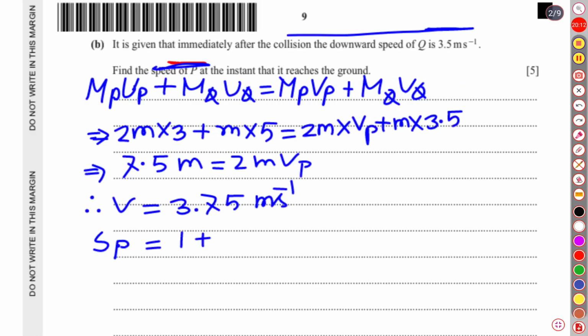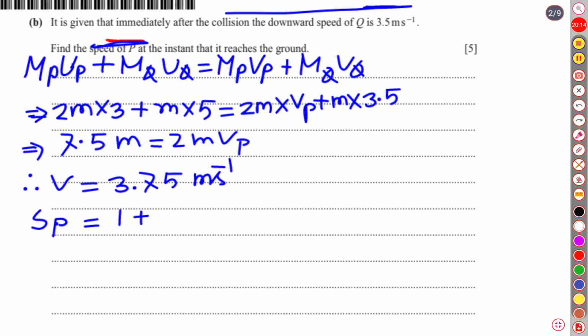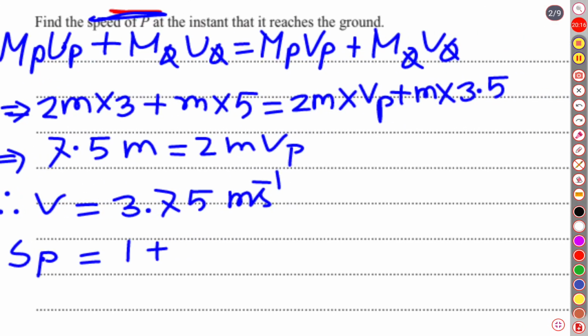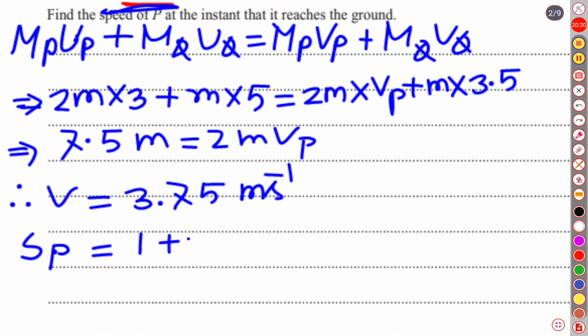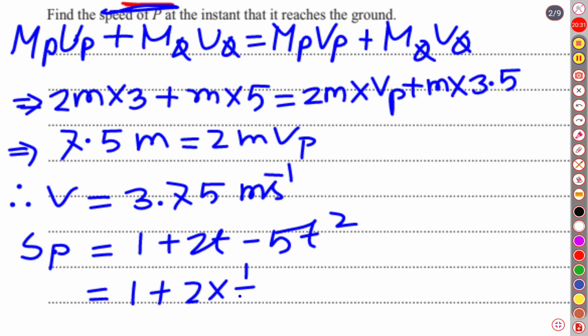That means 1 plus 2t minus 5t square. And we have already found in the previous question that the value of t was half. That means after half a second they collided with each other. Minus 5 into half square means 1 over 4.